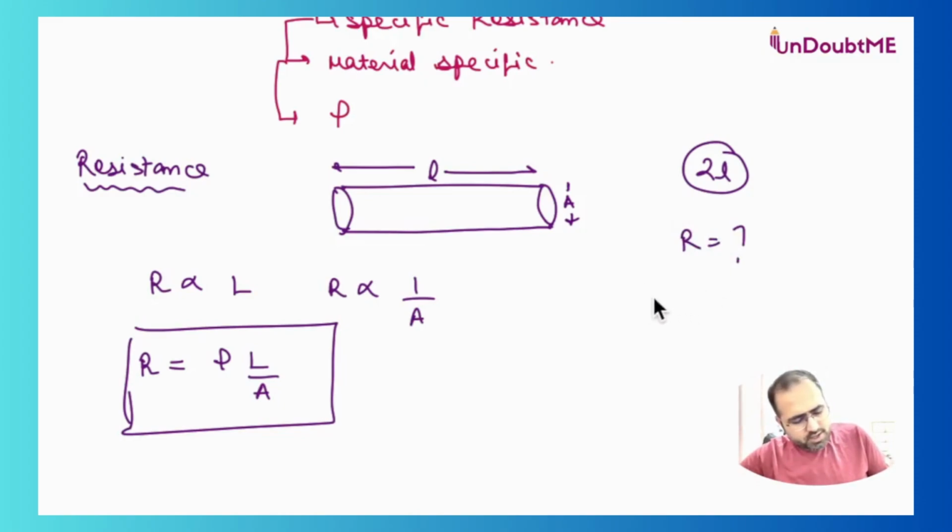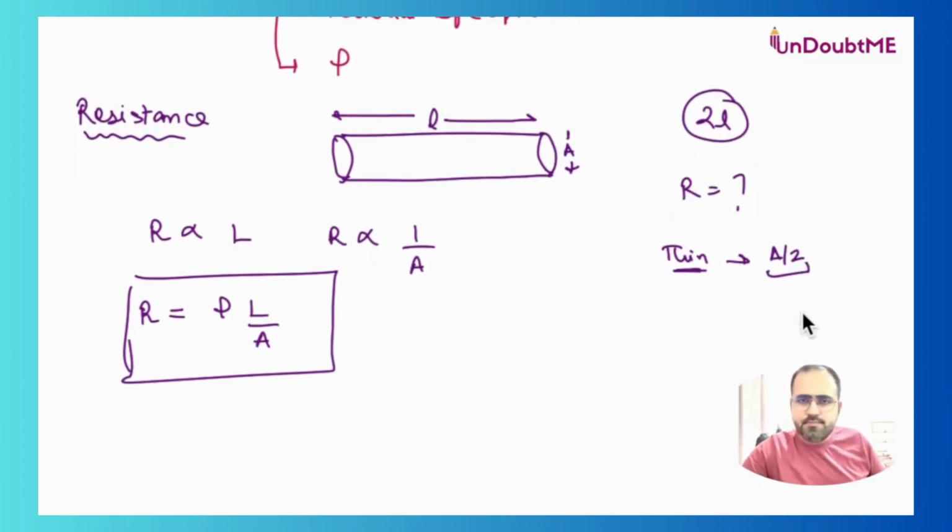If I make the wire thin, let's say if I reduce the thickness of the wire by half, so by half means I am reducing the area by 2. If the area is reduced by 2, then the value of resistance will be affected accordingly.